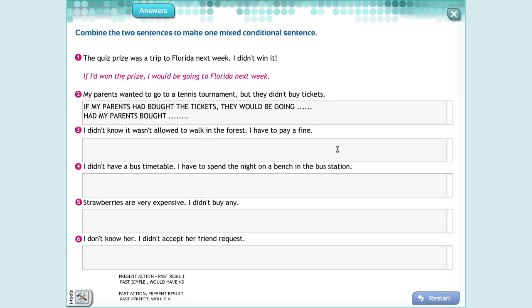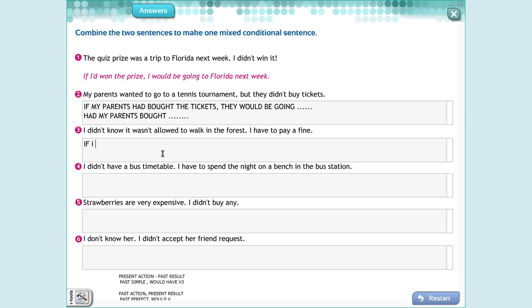So, in this case, guys, you have a past action and a present result. Então, você caminhou na floresta e agora você vai ter que pagar uma multa. So, past action, present result. I use past perfect, would, and my verb.